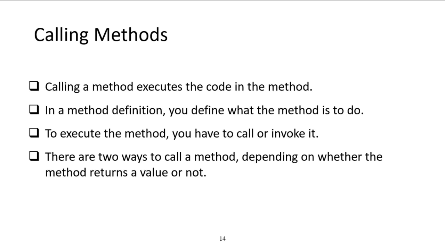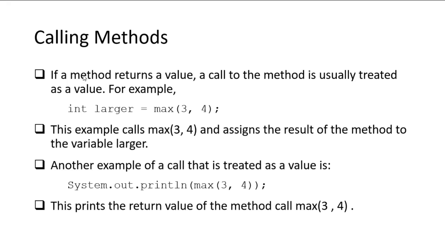There are two ways to call a method, depending on whether the method returns a value or not. In our example, our method returns a value. So our example was the method max. And here is an example about how you can invoke it.